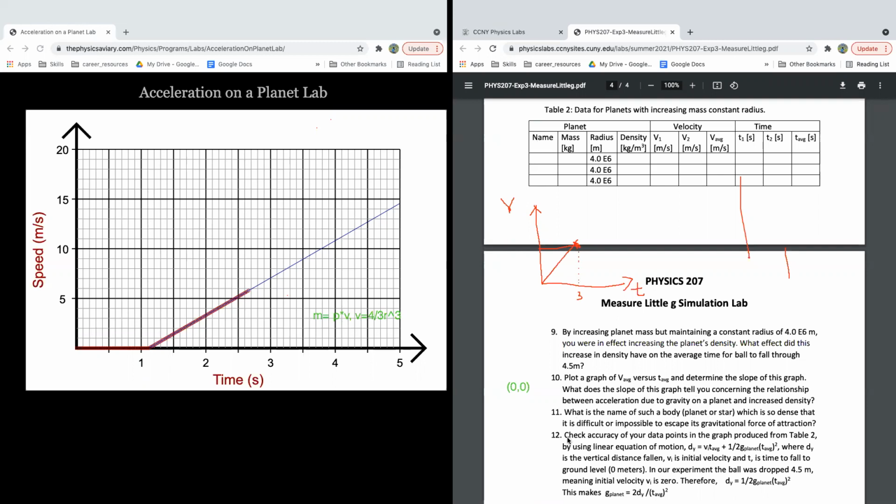And check the accuracy of your data points in the graph, producing table 2, by using the linear equation of motion. Okay, we want you to verify your data.